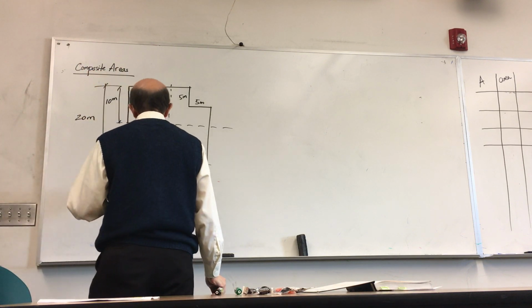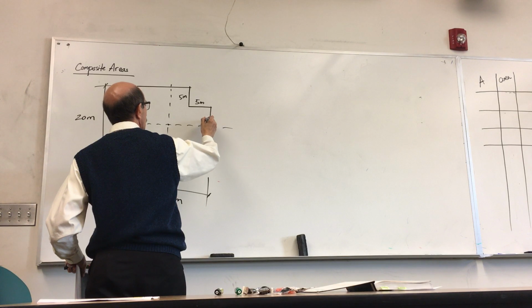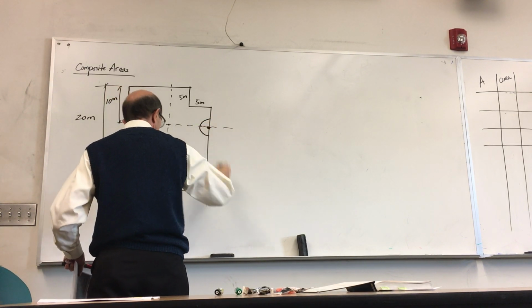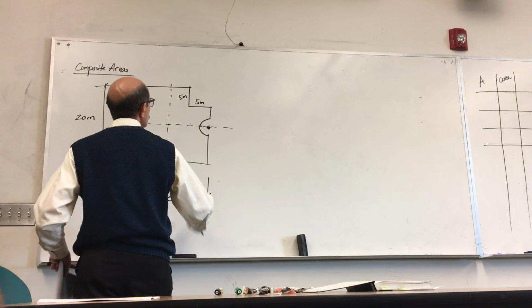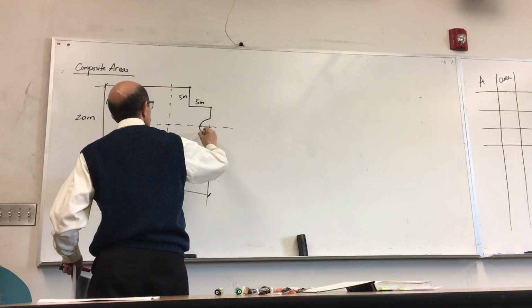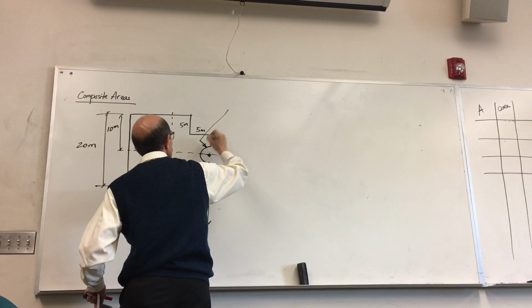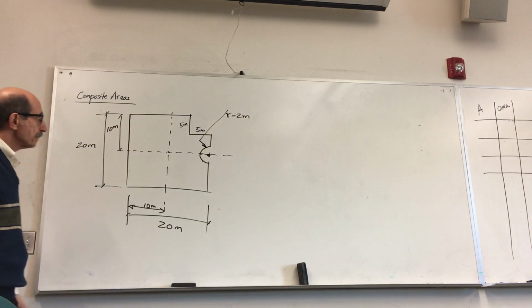Then here, I will cut a half circle shape, like a half a circle also, okay? So the area of this is a 2 meter radius.